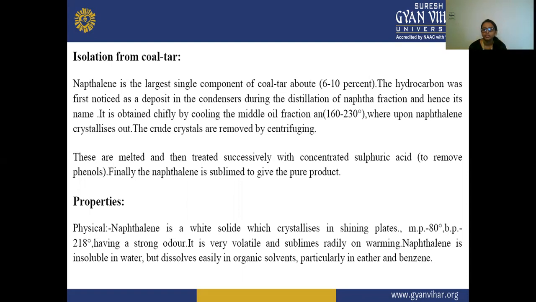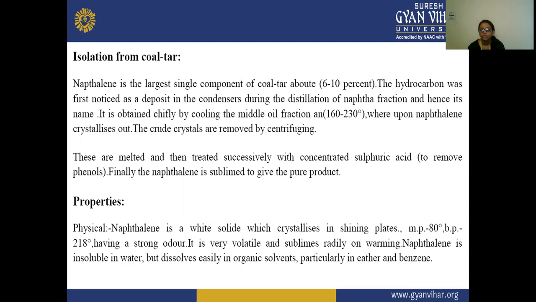Whereupon naphthalene crystallizes out, where on cooling from 160 to 200 degrees centigrade down to 50 degrees centigrade, the naphthalene gets crystallized out. These crude crystals are removed by centrifuging. These are melted and then treated successively with concentrated sulfuric acid to remove phenol.